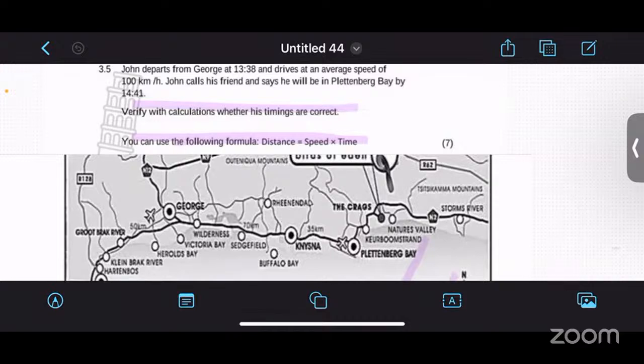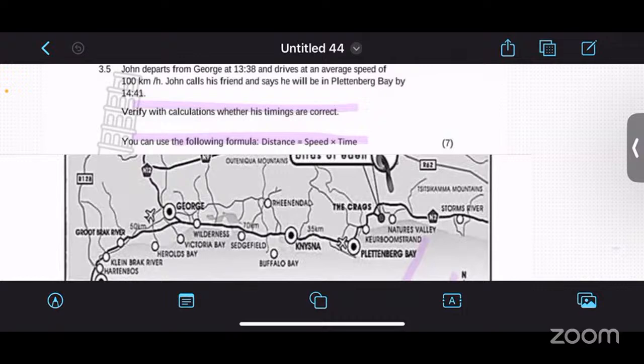That's absolutely correct. But I didn't get the part where you said it's 9 minutes to 3. Let's get into it. Remember, distance is equal to speed multiplied by time.